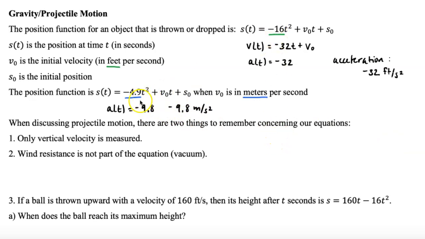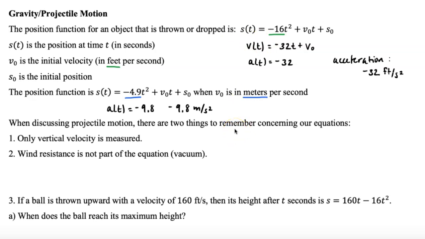All right, so these are our two formulas, and you'll be given an actual formula for the specific position function for that object based on the initial velocity and the starting position. When discussing projectile motion, there are two things to remember concerning our equations. Number one is that we're talking about the vertical velocity of an object.